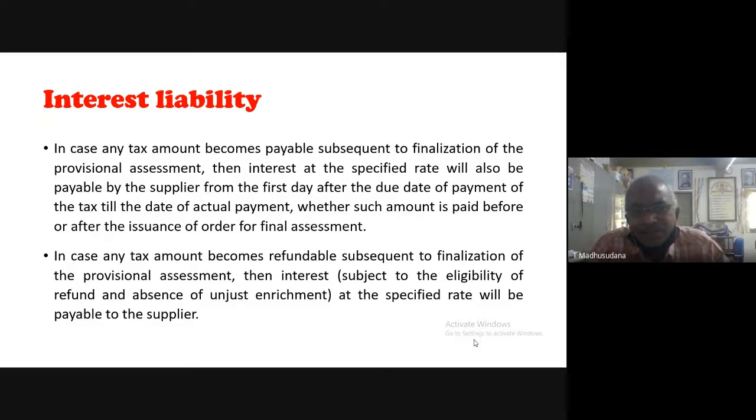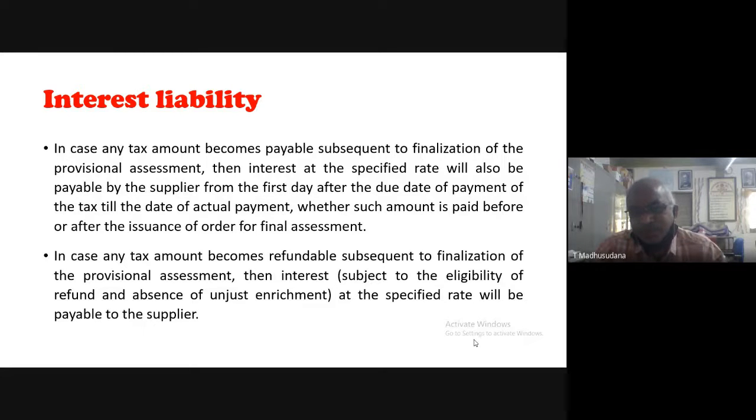In case any tax amount becomes payable subsequent to the finalization of the provisional assessment, then interest at the specified rate will also be payable by the supplier from the first day after the due date of payment of tax till the date of actual payment, whether such amount is paid before or after the issuance of the order for final assessment.